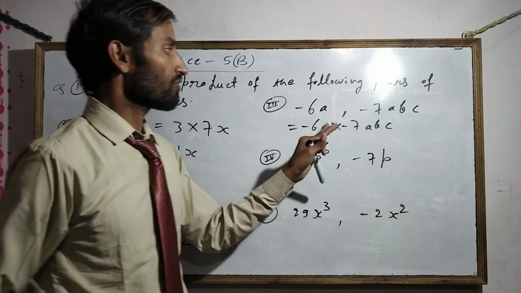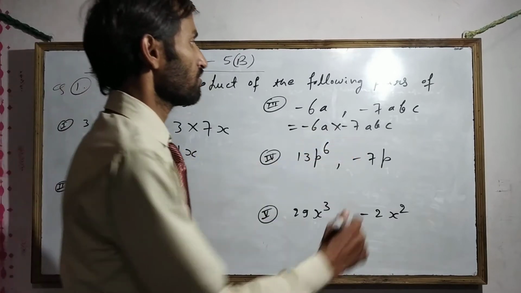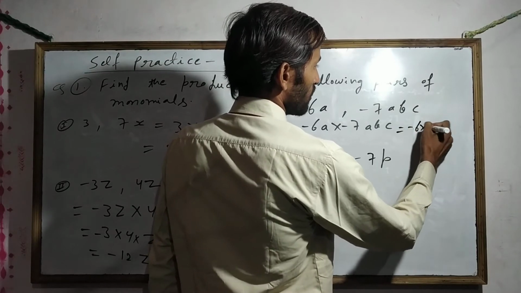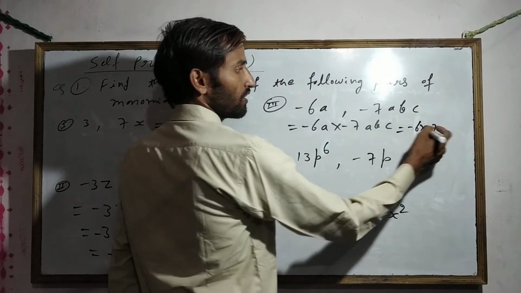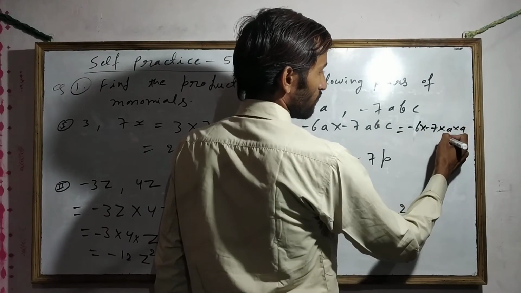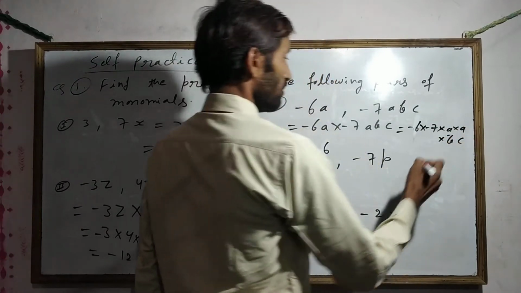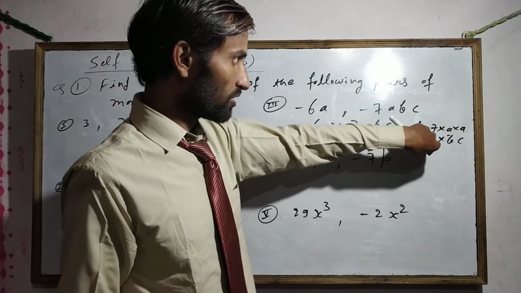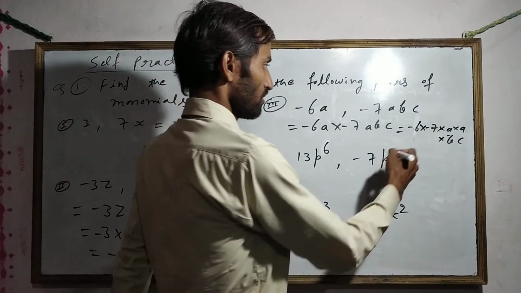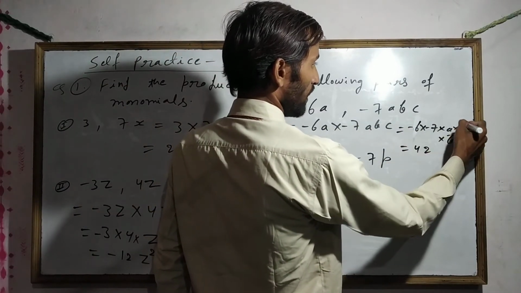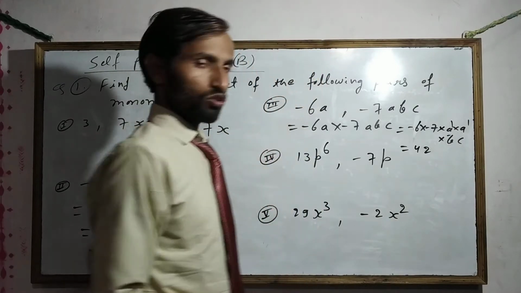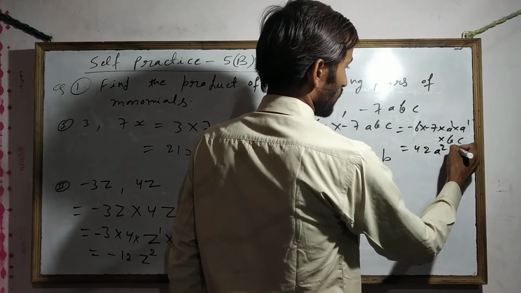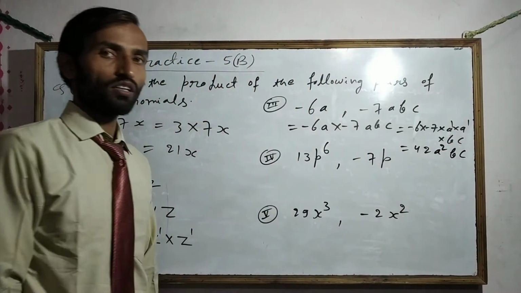First we multiply -6 into -7, then a into a, and then we put bc, because bc appears only once and a appears two times. So 6 times 7 is 42, and minus minus is plus, so 42, a power 1 and a power 1 gives a power 2, a square, and then bc. The final answer is 42a square bc.